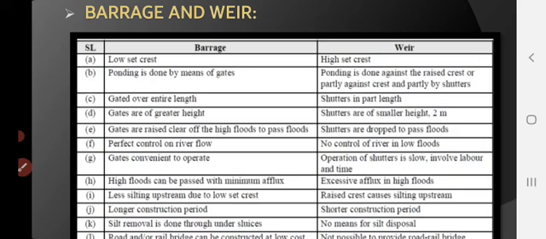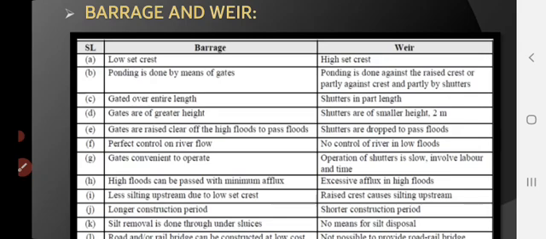So there is perfect control on river flow in case of barrage, because we can control the flood water by operating the gates, while in weir we first fix the wall height, and we never change the wall dimension.